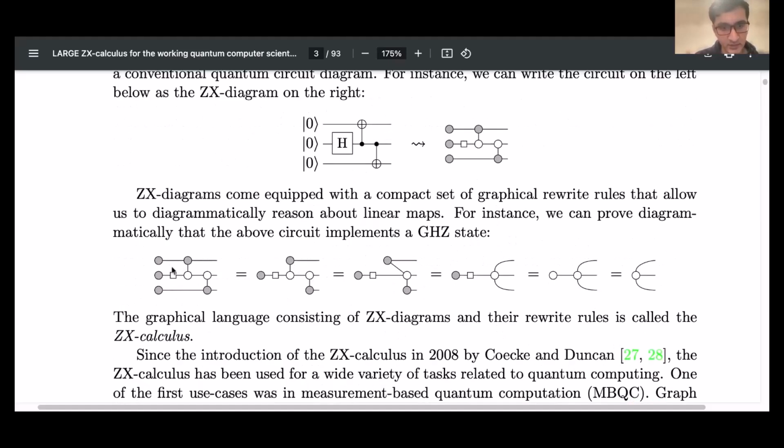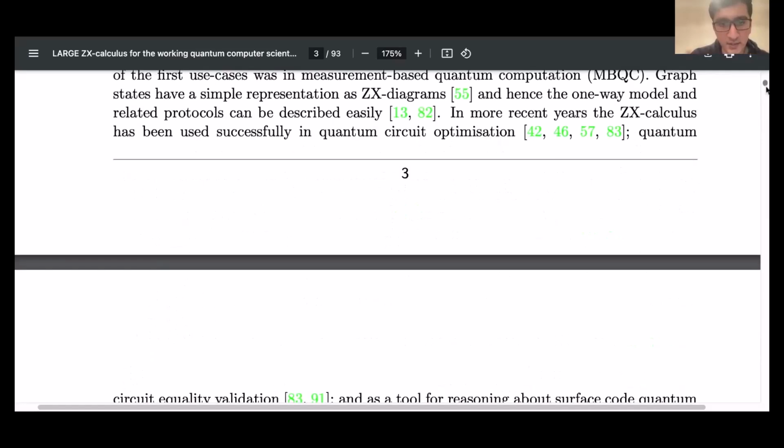As you can see, there is spider fusion, the identity rule, and the color change rule. If you haven't seen these rules, you will see them in the later lectures. At the end, we have this state, which is the GHZ state. This is one example of how these spiders are used.